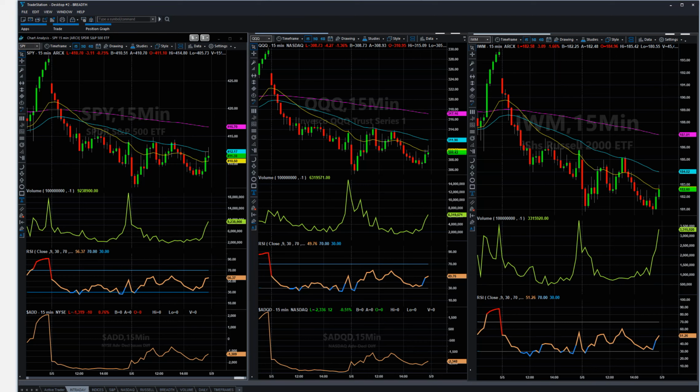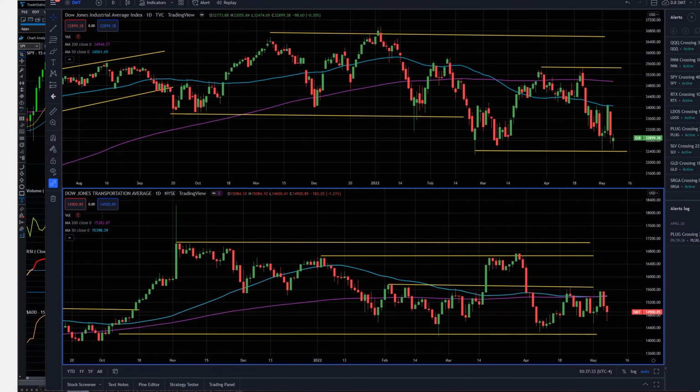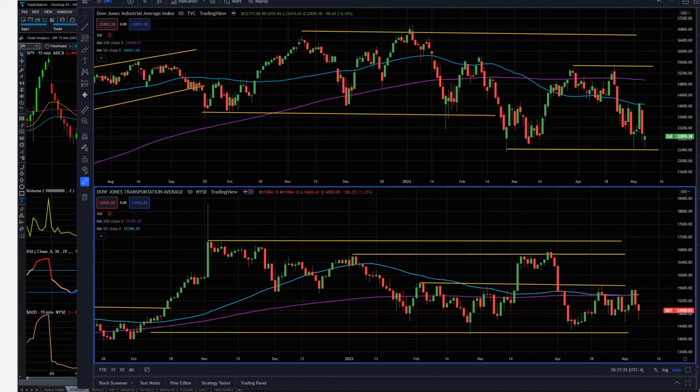Now, one more thing I want to talk about is the Dow Industrials and the Dow Transports. So basically, this is the industrials, and you can see the industrials in this area of rotation now testing the lower extreme. This is the February 24th low, testing this lower extreme. Same thing with the transports in this smaller area of rotation, but there's a divergence between the transports and the industrials.